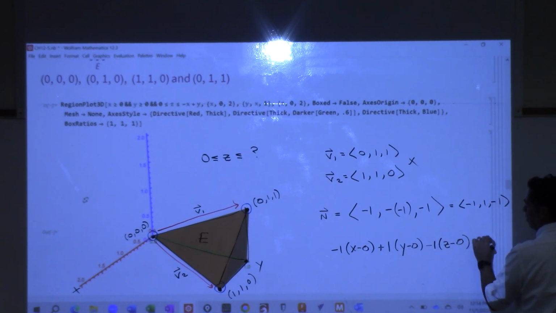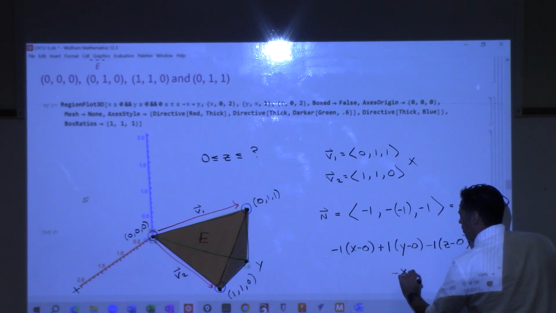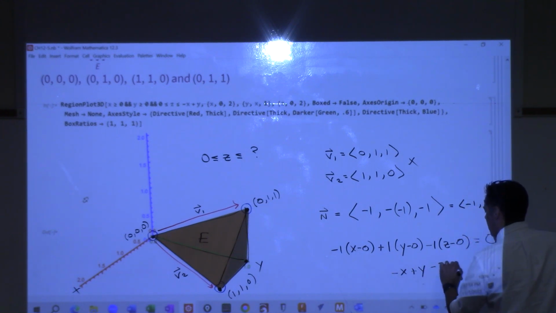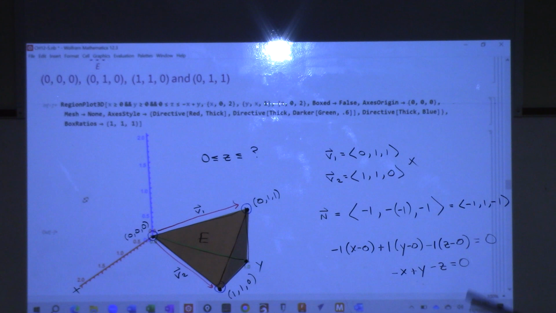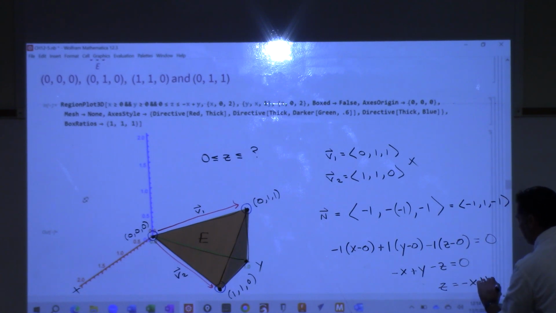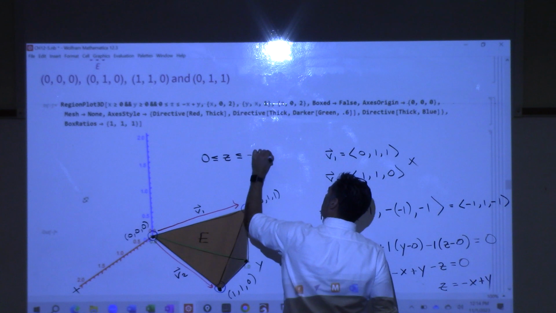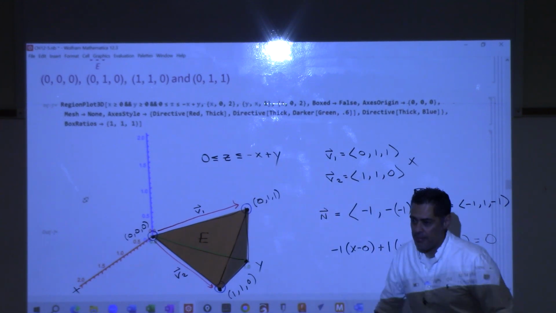I didn't have to put the zeros, I just did so you can go back and look at it. So we get negative x plus y minus z equals 0. Then solve for z, so move the z over to the other side, and z is negative x plus y. And that is going to be the surface right here, negative x plus y. That's it.